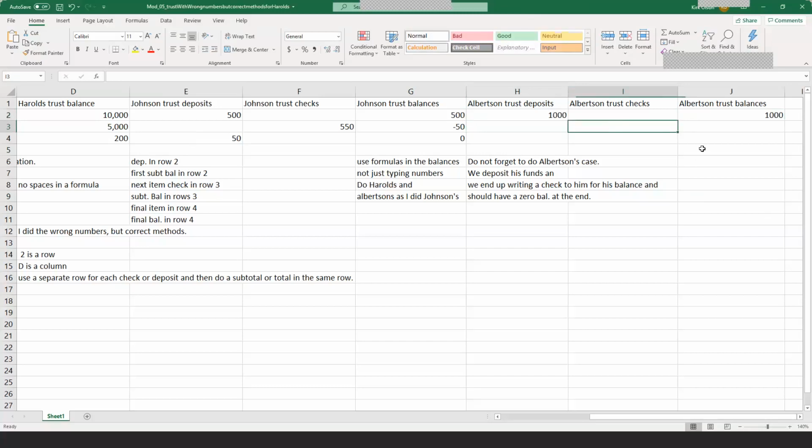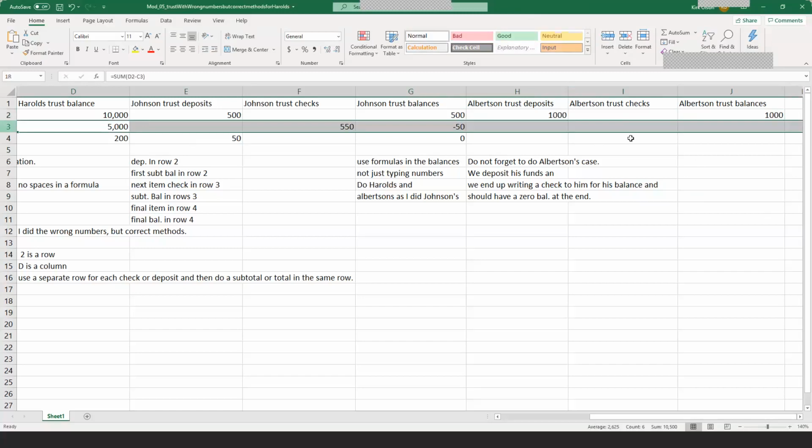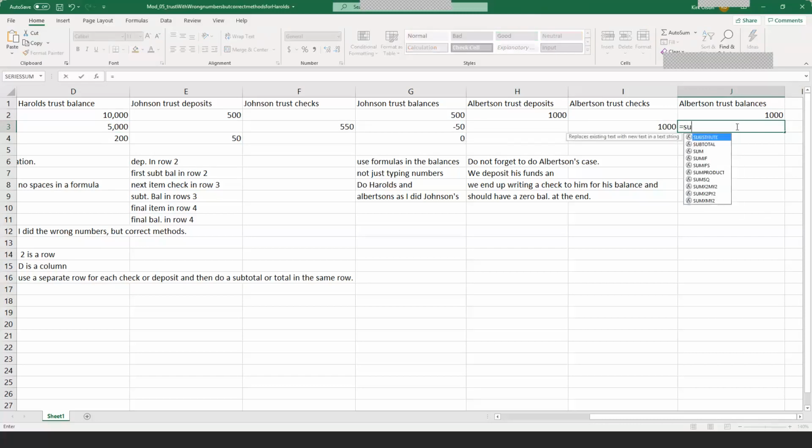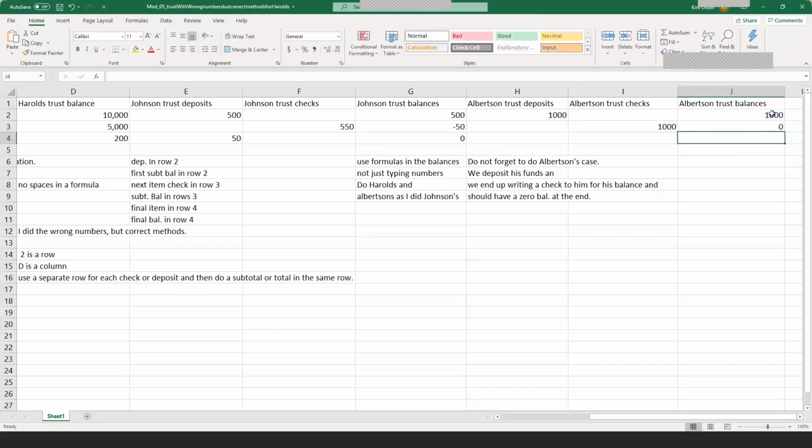So let's write a check in the next row, 3, write a check. And then let's do a formula. So we have a legitimate zero.